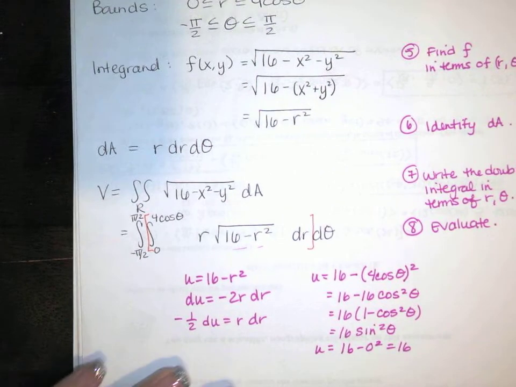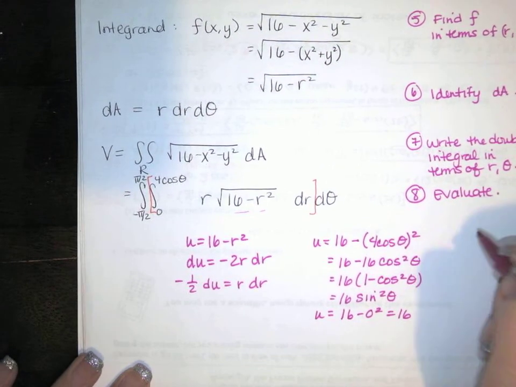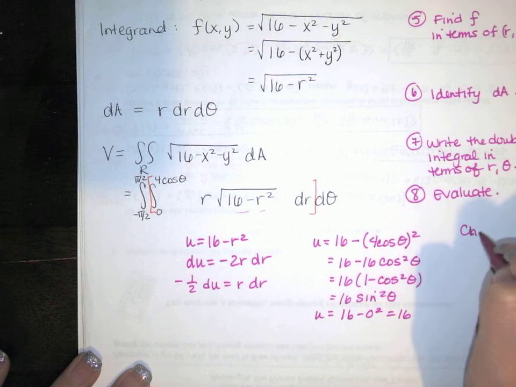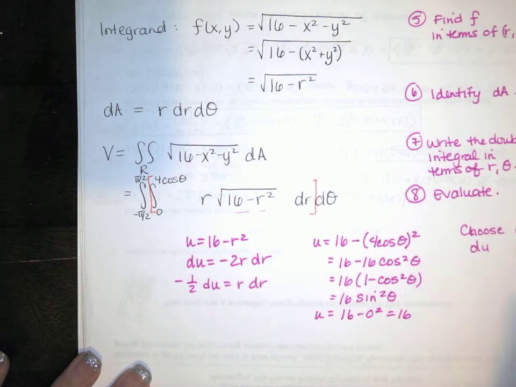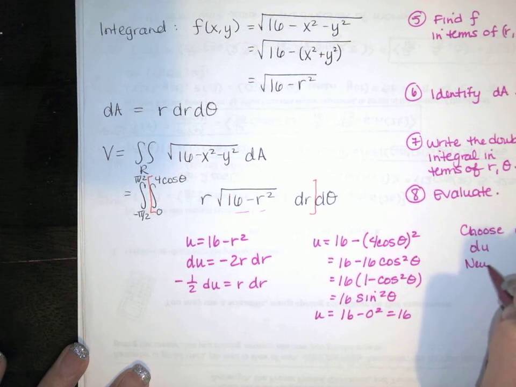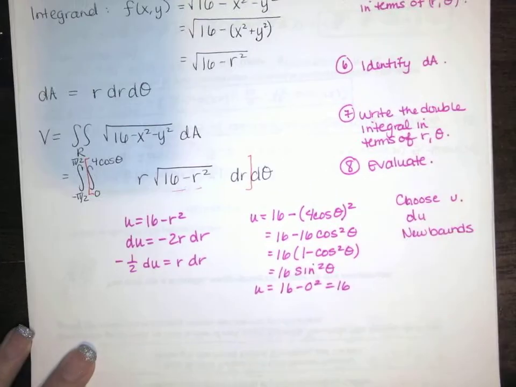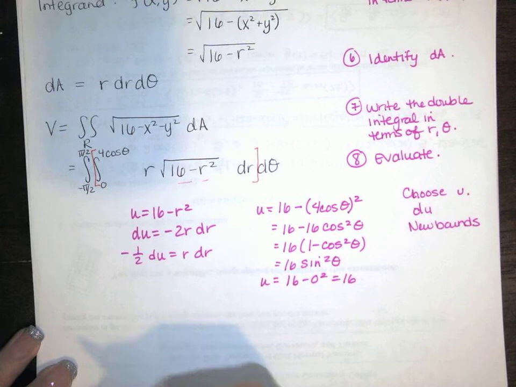Okay, so we evaluate by using a U substitution. So you choose U, compute du, find new bounds for U, a new upper bound and a new lower bound. And now we'll evaluate the integral.